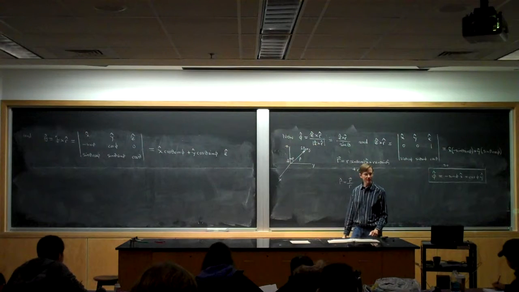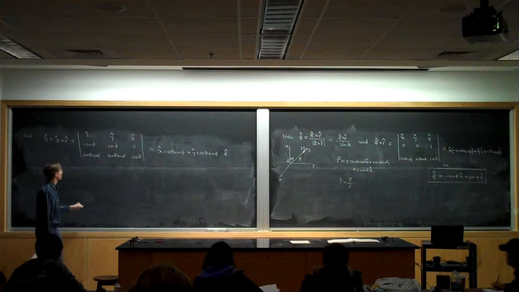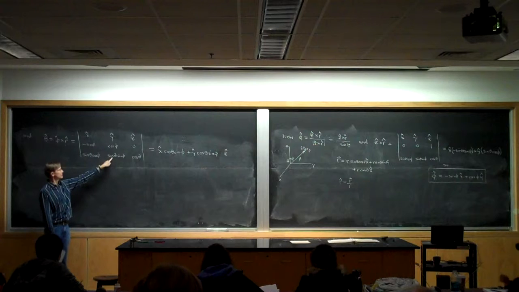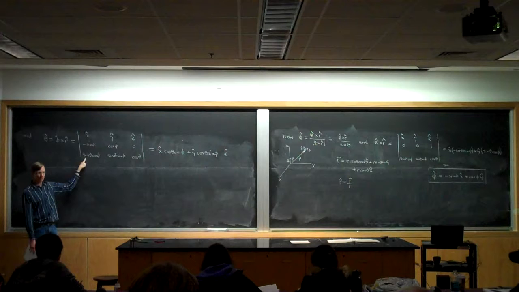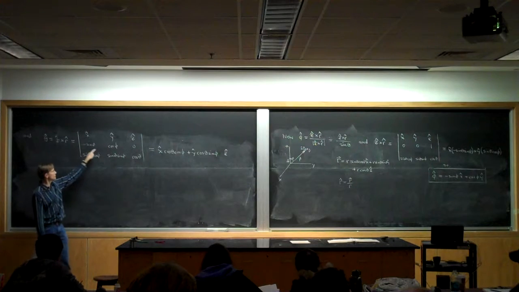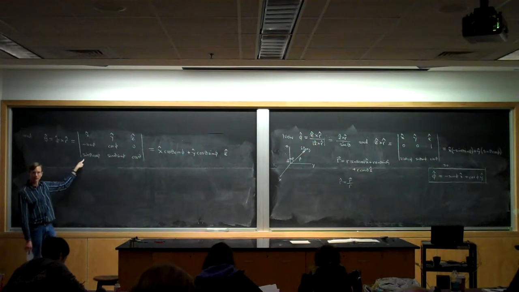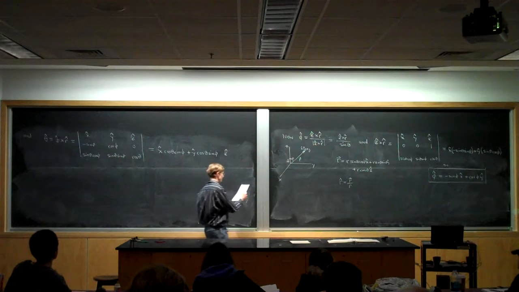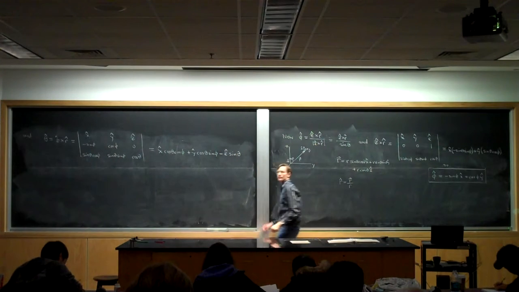What is going to be the z hat component there? For the z hat component, I'm going to get minus sine squared phi sine theta minus cosine squared phi sine theta. What is that? Just minus sine theta, using the fact that sine squared plus cosine squared is 1. So I just get minus z hat times the sine of theta.